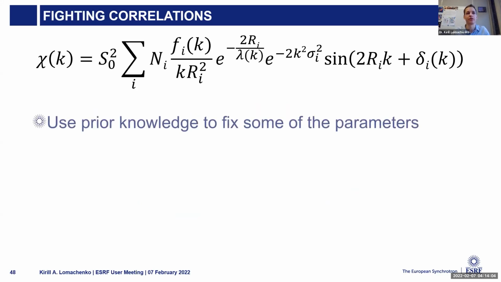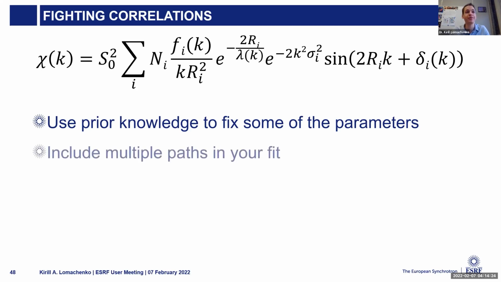So what to do about them? The best thing is to use prior knowledge to fix some of the parameters, because if the two are correlating, but you know that one can have a particular value given by some other techniques that you used, well, fix these parameters and that would fix the correlation.